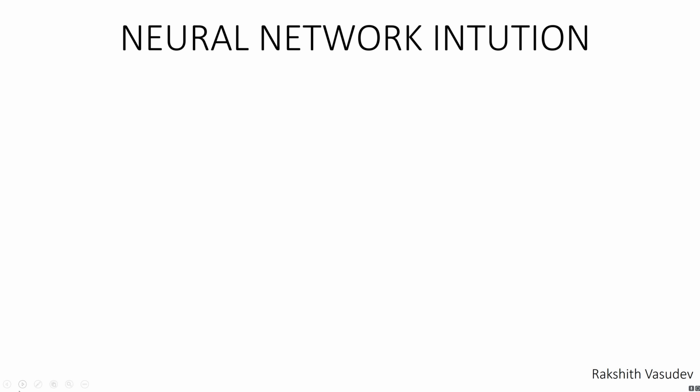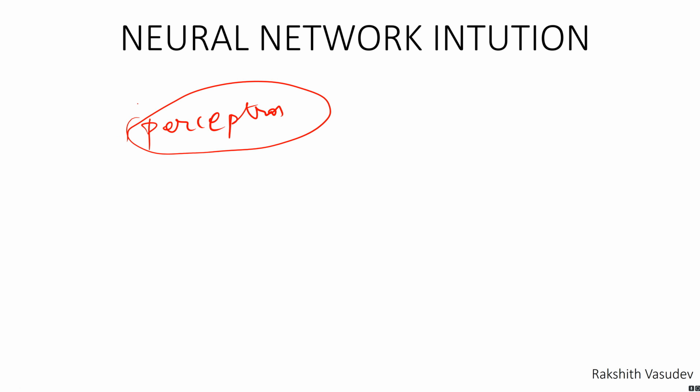But before that, I just talked about a perceptron, right? A perceptron is basically having just one unit that performs sigmoid of w1 x1 plus w2 x2.